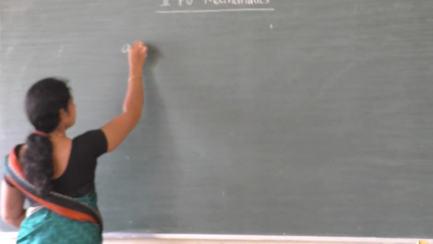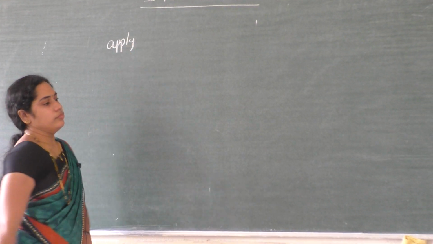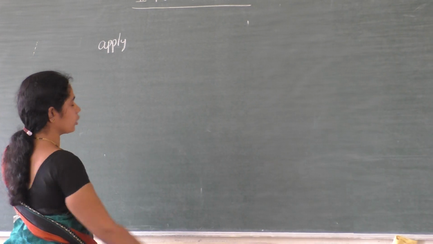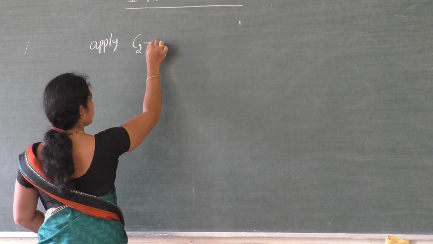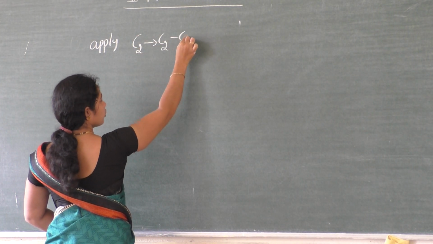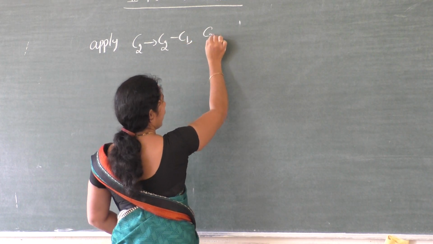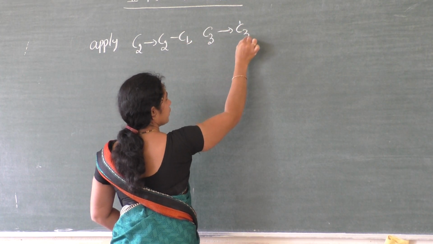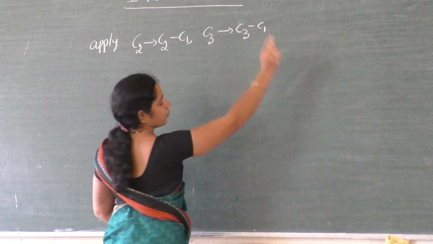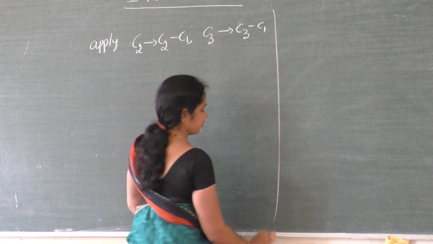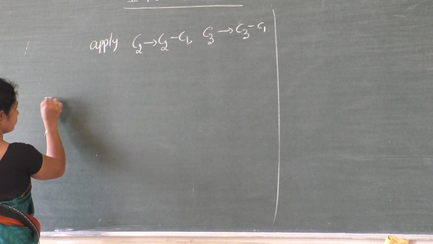Next, for the second column, C2 becomes C2 minus C1, and for the third column, C3 becomes C3 minus C1. What does it become now?